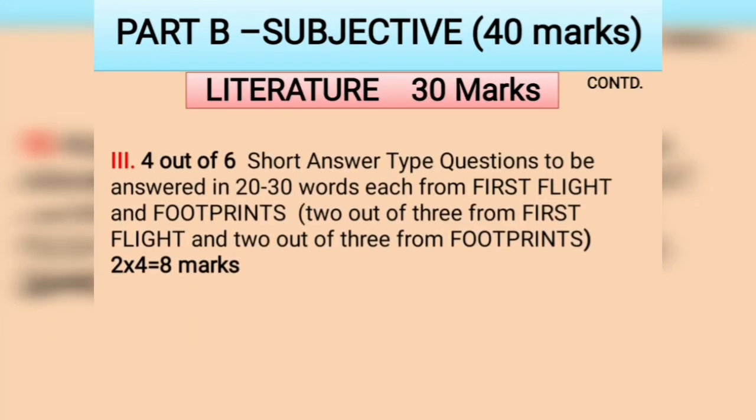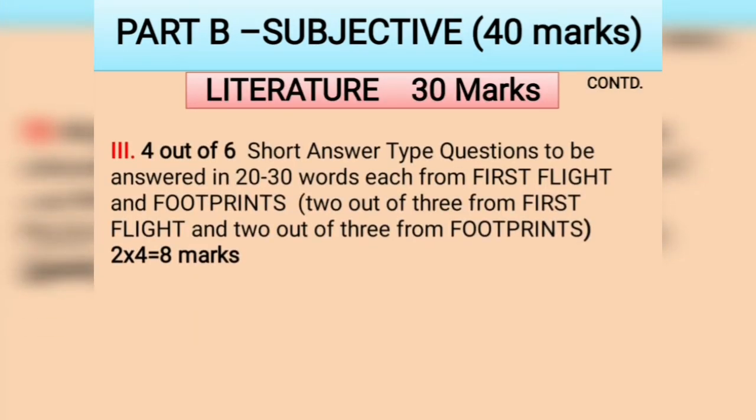Moving to question number 3. Now, this is a literature-based question. Herein there are 2 parts. One part for First Flight and the other for Footprints. In both, you have 2 mark short questions. You will be given 3 questions from First Flight, out of which you will appear for 2.